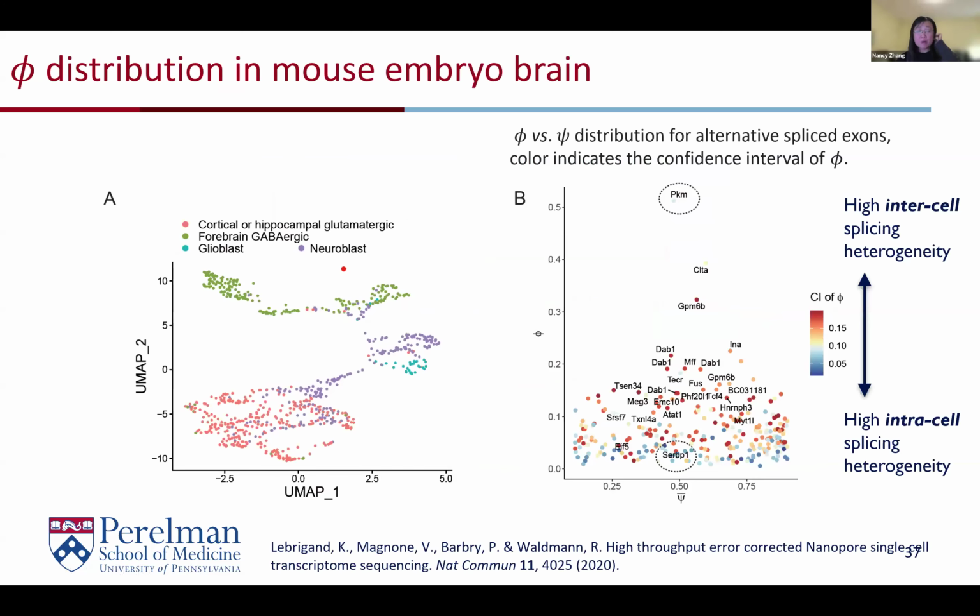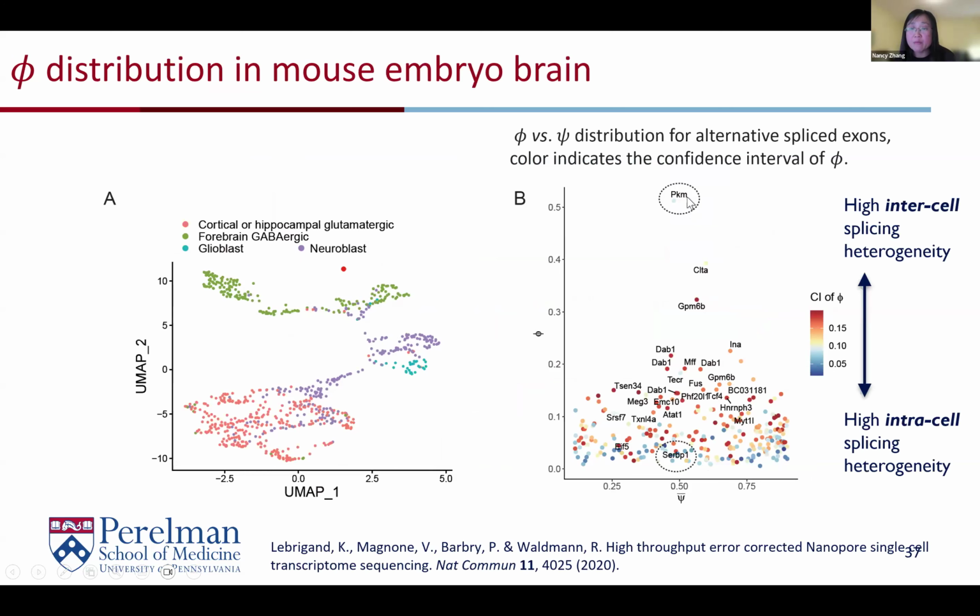Here is another example, a brain development data set, where you see neurons going from neuroblast to mature GABAergic and glutamatergic fates. When we compute the psi bar and phi, we see a distribution, and we want to focus on those that have a low CI, meaning a small confidence interval.